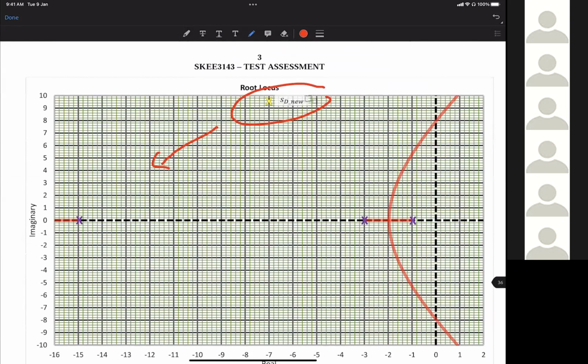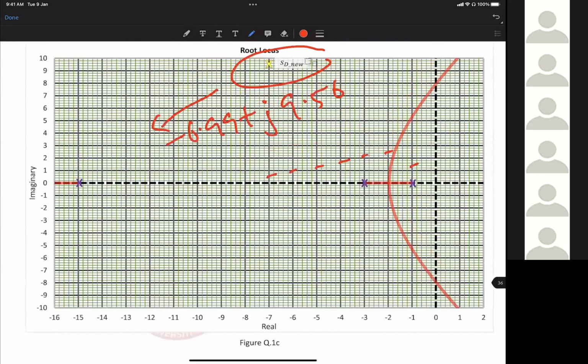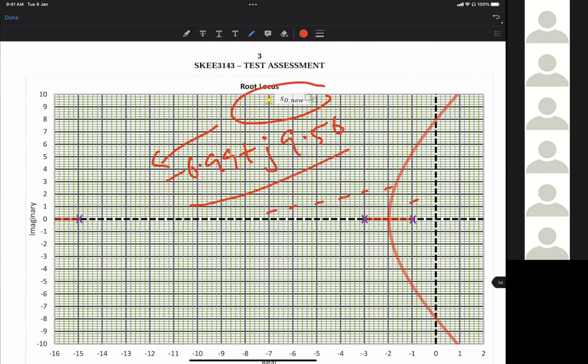Satu, dua, tiga, empat, lima, enam, tujuh. I think it's tujuh. 1, 2, 3, 4, 5, 6, 7. Minus 6.99 plus j9.56. Okay, so please jot down this value.